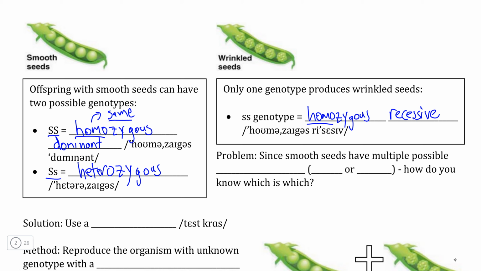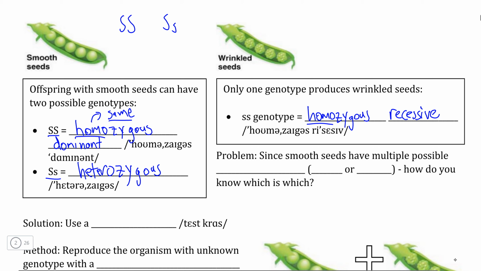There's just one more problem that Mendel had. Because the smooth allele is dominant to the wrinkled allele, as long as a smooth-seeded pea plant contained 1 copy of the dominant allele, we would see this phenotype here, regardless of whether the organism was homozygous dominant or heterozygous.